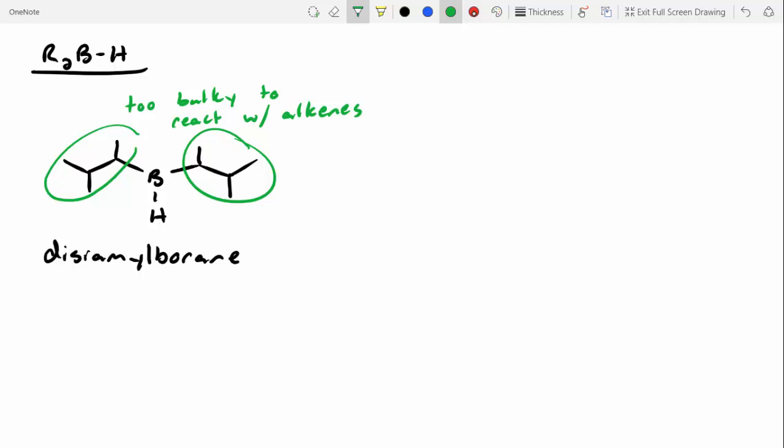The other reagent that's really common, and you'll see quite a bit in your book, is a bicyclic borane. And let's see if I can draw this on the first shot. Oh, let me clean this up a bit. And I'll kind of bold in where the carbons are.